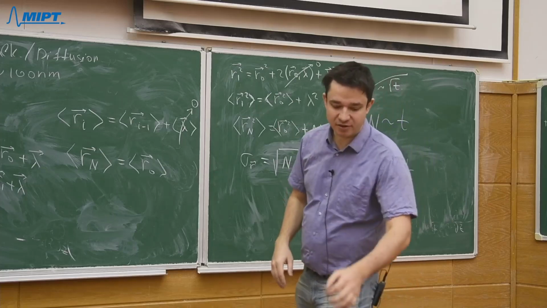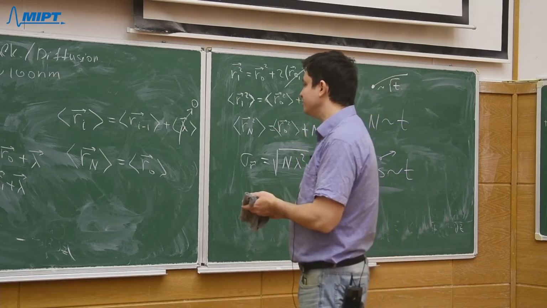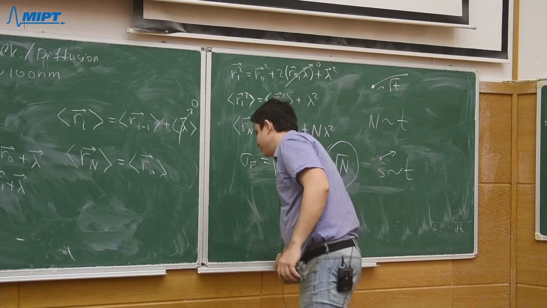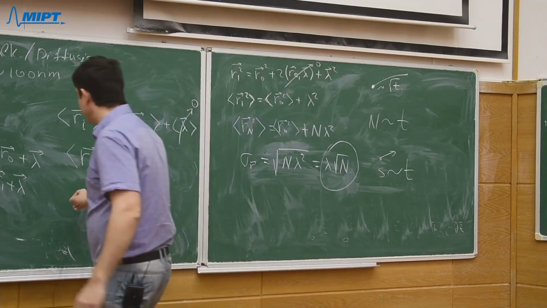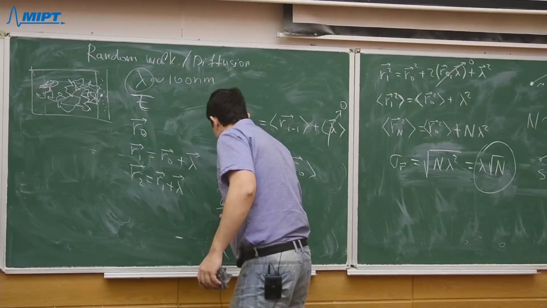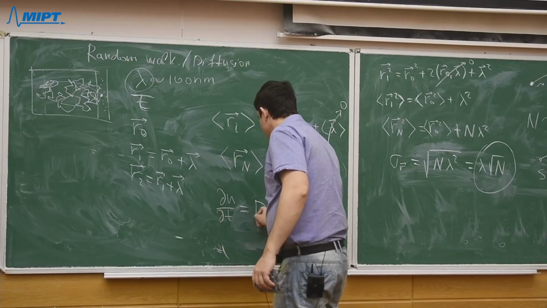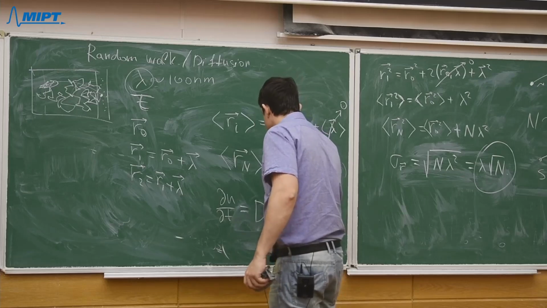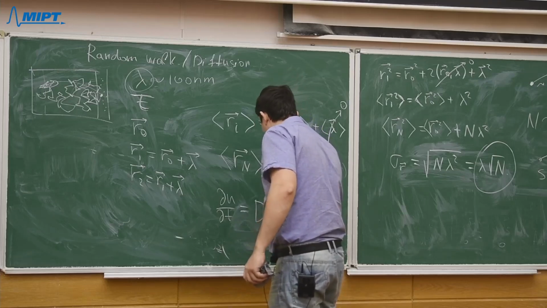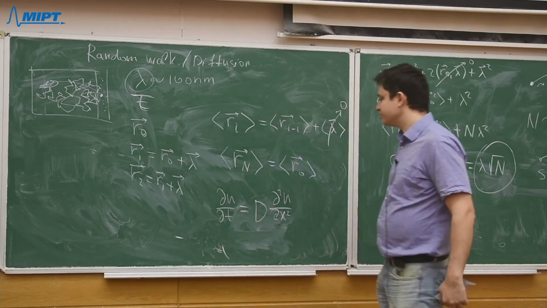Okay, in the case of the diffusion, if you look at the diffusion equation, I'm going to write it once again, dn over dt equals a diffusion coefficient times this kind of a derivative.